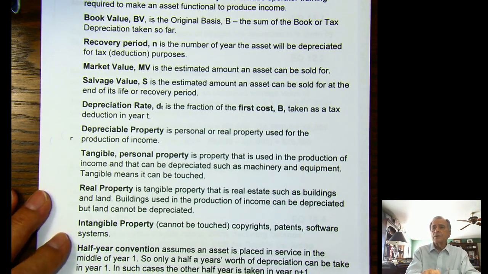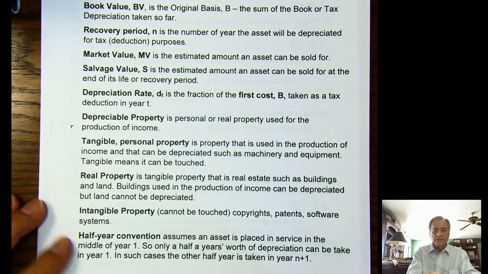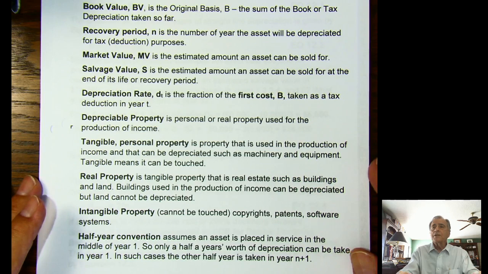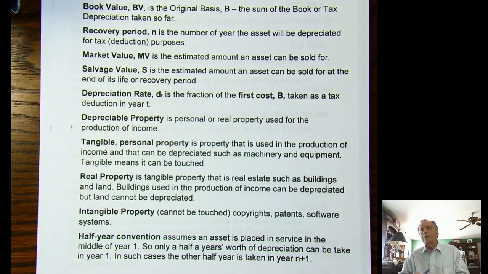Now, the next term is called a half-year convention, and it assumes that in the year in which you purchase, install, and begin using a piece of equipment, you might have purchased it and put it into production in January, or you might have done it in December.